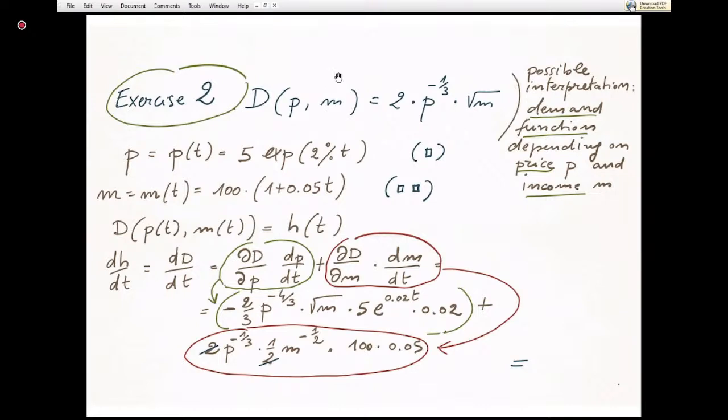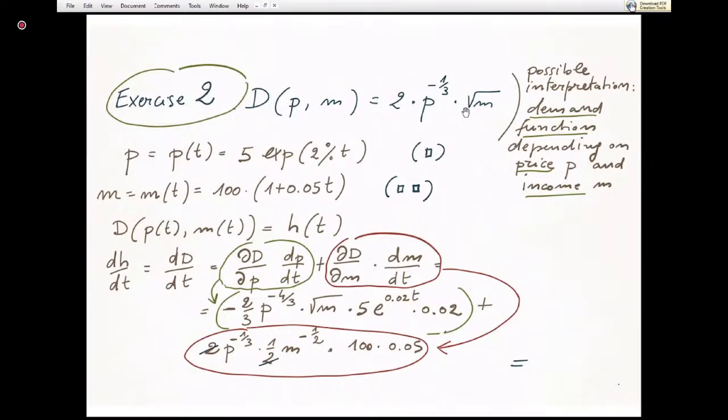Very common type of model. You know what a demand function is, I guess. Demand function is quantity demanded as a function of some variable, in particular as a function of the price of the good. And in more sophisticated models, it depends also on other variables. For instance, in this case, it depends also on the income.